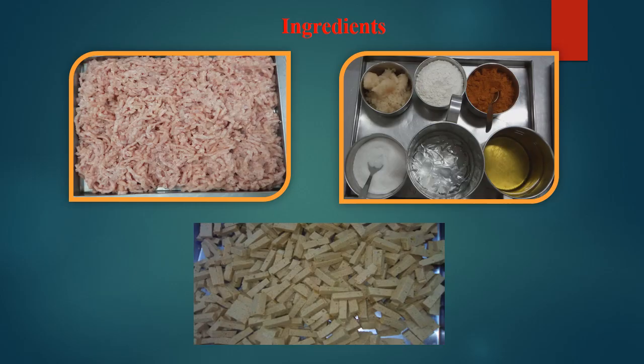Here we can see all the ingredients for making the sausage batter, or meat batter or emulsion, at a glance. The main thing is the minced meat. In addition, we need the curing ingredients mixed together, that is salt, sugar and phosphate.